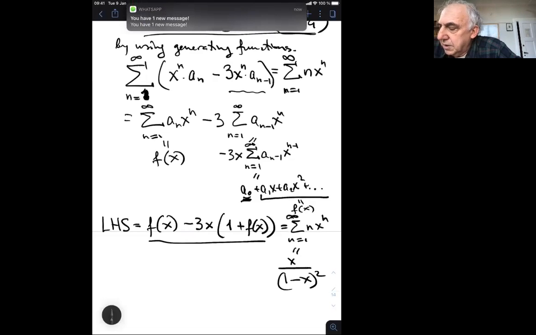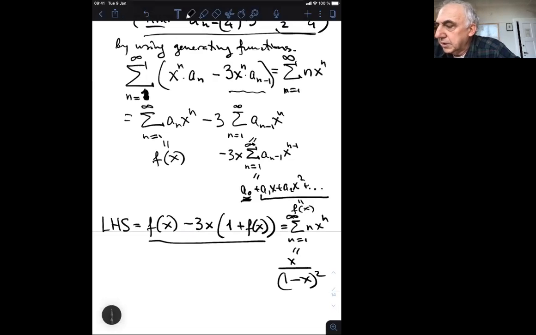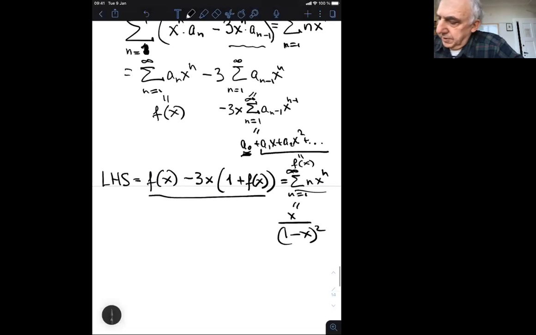If we take the generating function of the geometric progression 1 plus x plus x squared and so on, we get 1 divided by 1 minus x. If we differentiate it once, we almost get this with a small shift, and to compensate this shift we have to multiply it by x. I hope you still remember. So in other words, let's see.